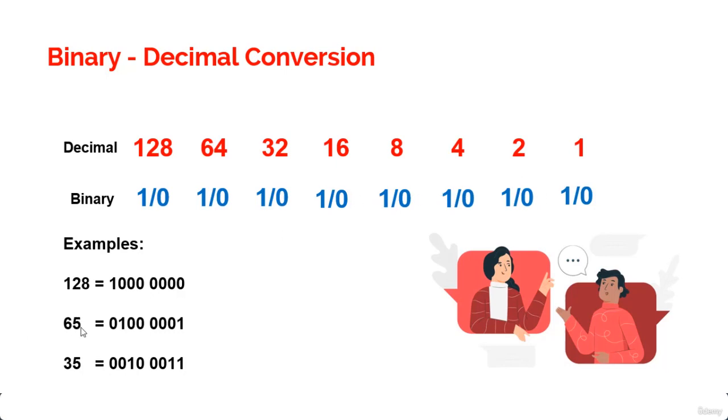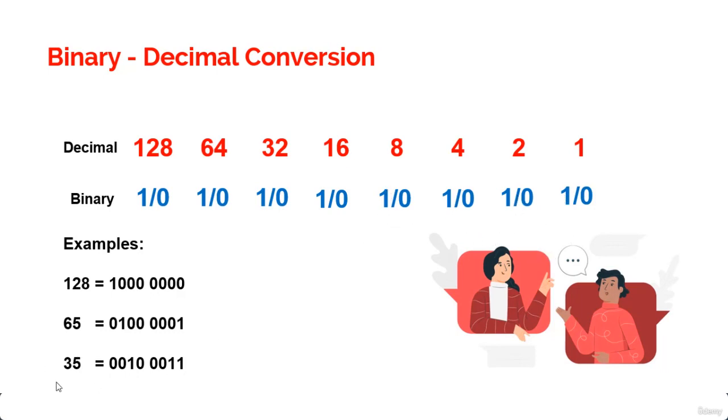But what is 65? You have to make 65 from these numbers. So 65 is 64 plus 1. So 64 should be 1 and 1 should be 1. All the rest of the binary digits should be 0. So 0, 1, 0, 0, 0, 0, 0, 1.